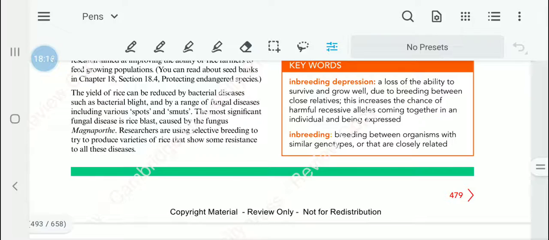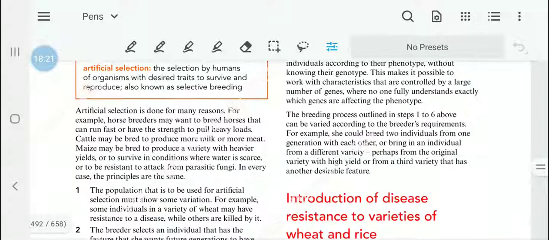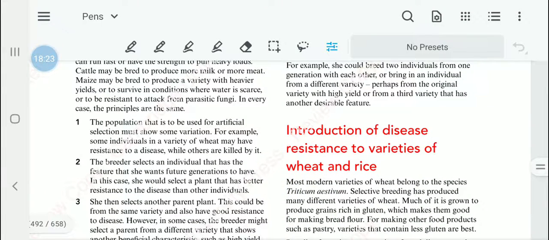Write down a note on this. Introduction of disease resistance to varieties of wheat and rice.